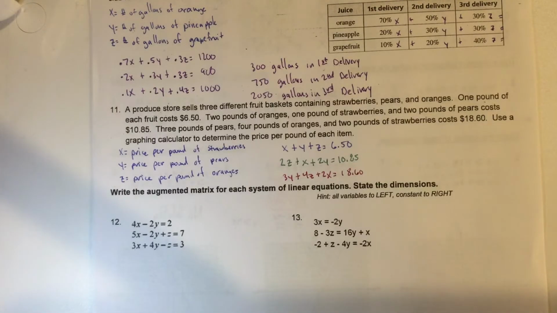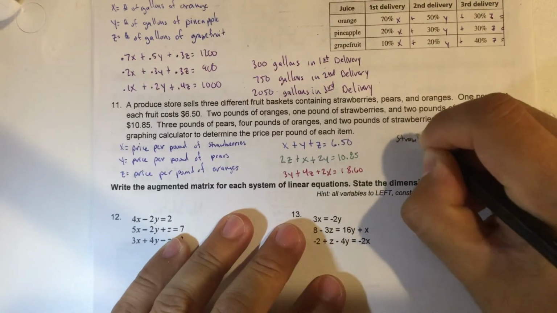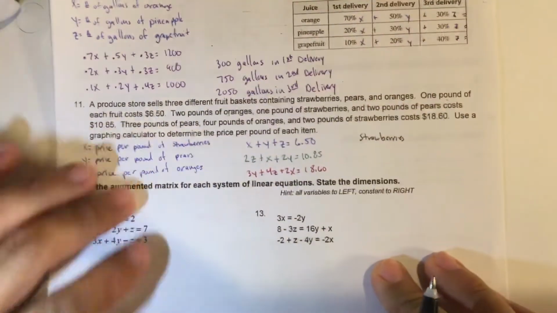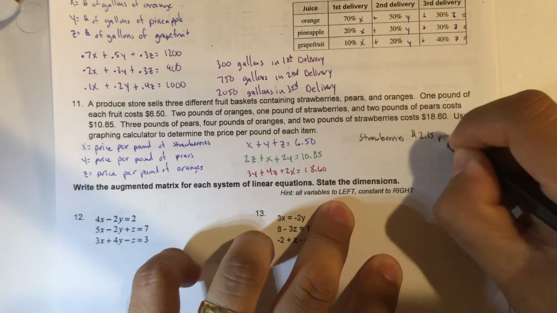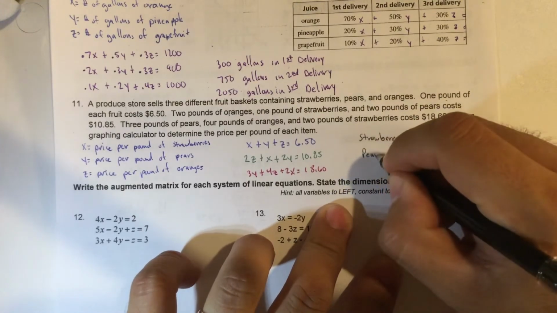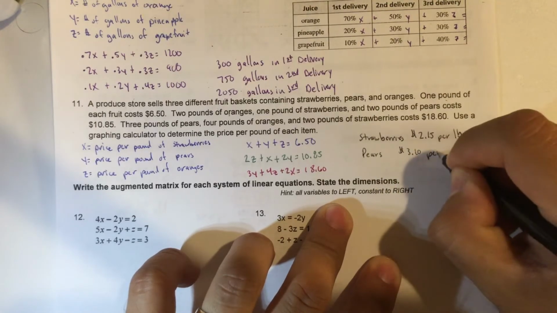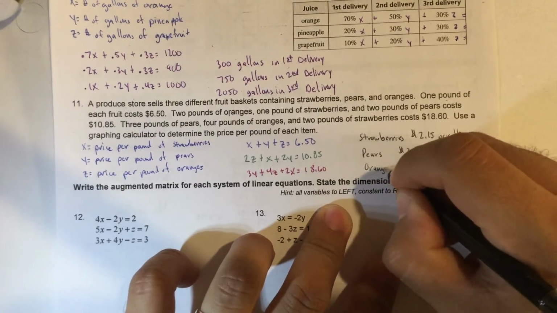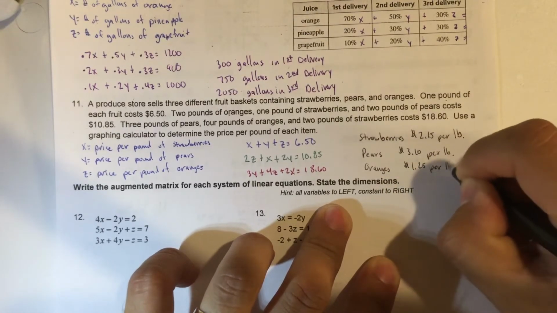And then when you plug this into the calculator, it's going to come out that strawberries are $2.15 per pound. Pears are going to be $3.10 per pound. And then last, oranges are going to be $1.25 per pound.